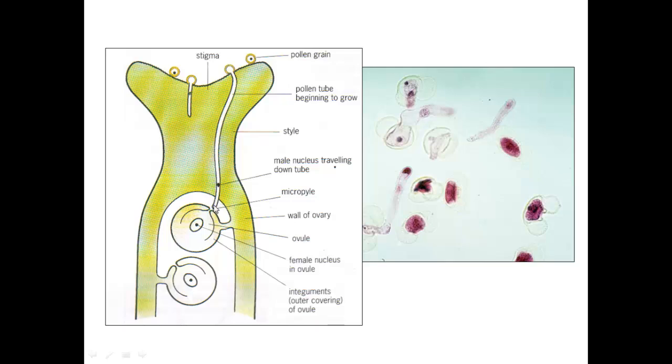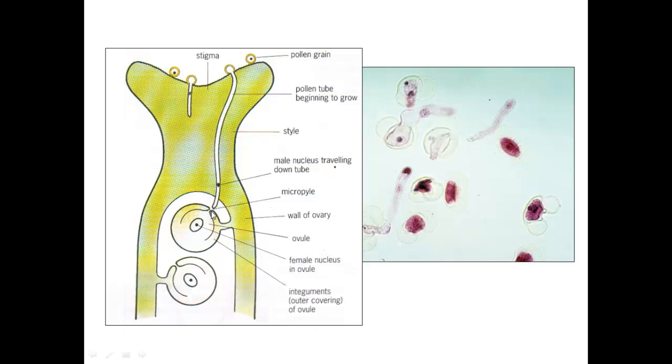Now, the tube itself knows where to go. It is a positive chemotropism, and that means that the tip of this tube here is aiming for a chemical released by the ovule. The ovule releases this chemical, and the tube knows just where to go.